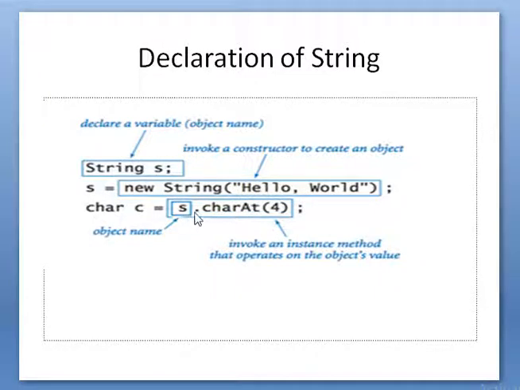So s.charAt by passing the index number helps us find a character at a particular index. This method will return the character available at index number 4, that is o. So o I can receive into this character variable c. Are you getting this, students?